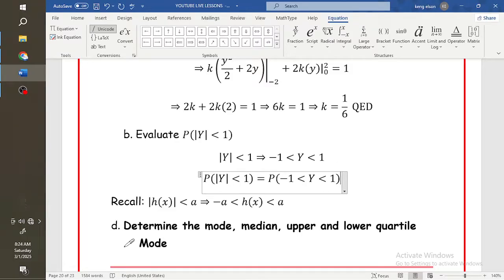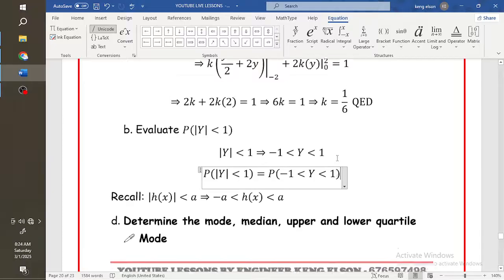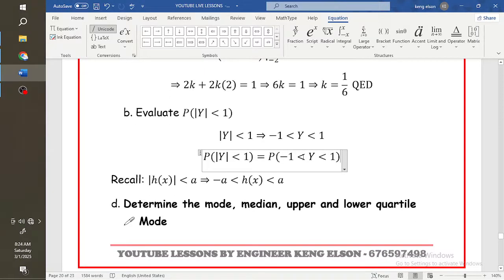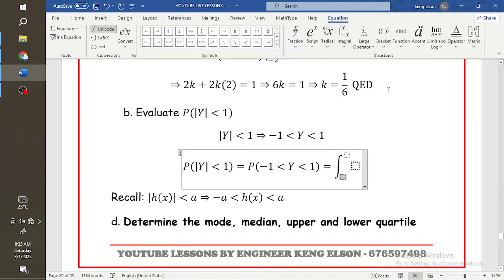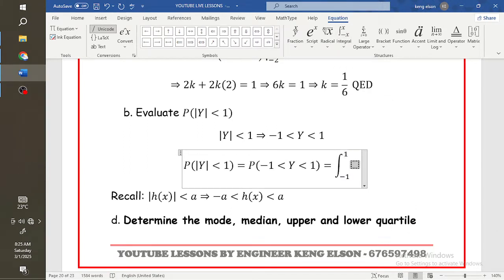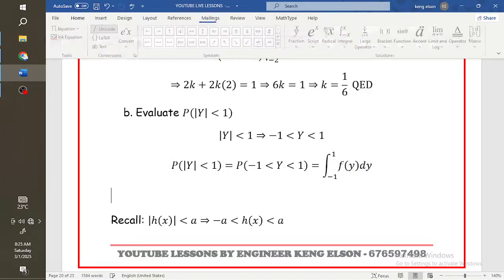And I gave you guys a definition at the beginning that the probability of a variable lying between alpha and beta is just the integral from alpha to beta. So this is going to give me the integral from minus 1 to 1 of f of y dy. Okay, that's the answer.